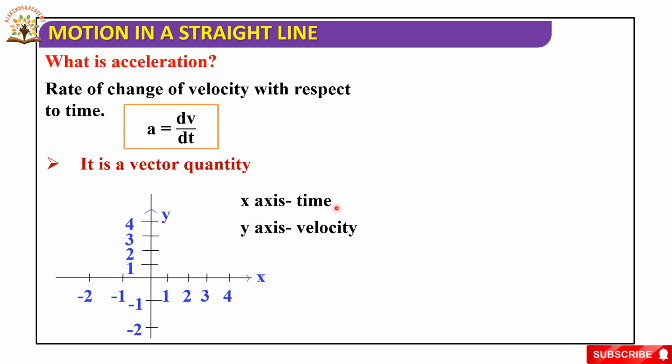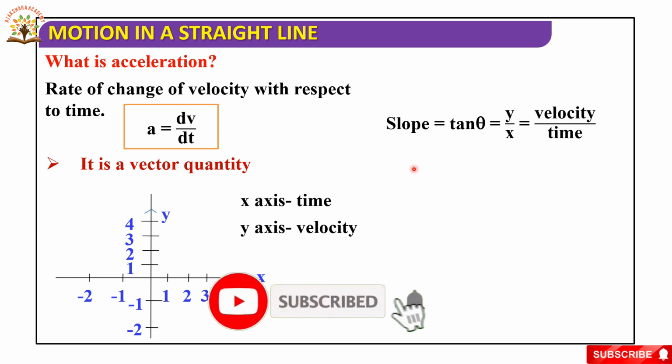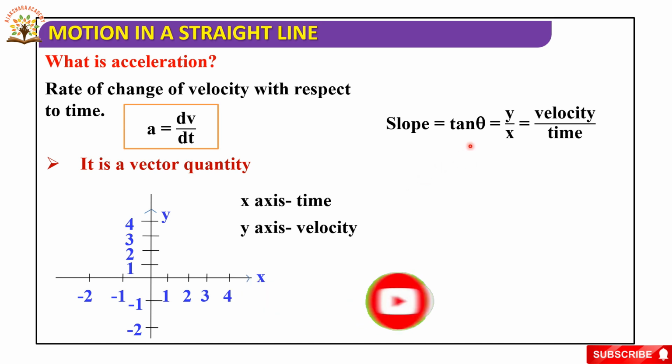Now, on the x-axis we are taking time and on the y-axis we are taking velocity. From this graph we can find the slope, which is equal to tan theta, which is equal to y by x, that is velocity by time.